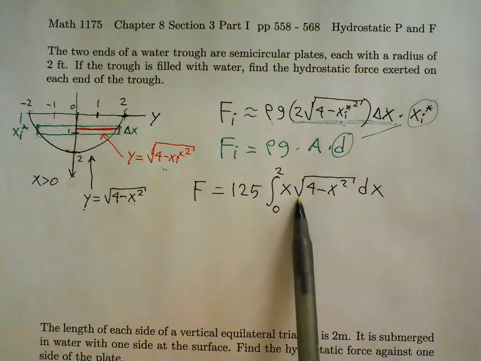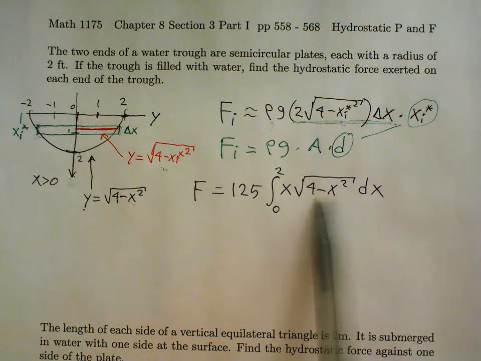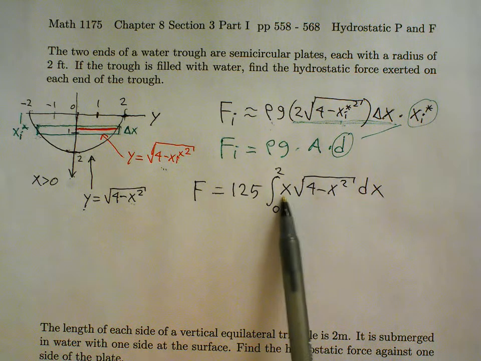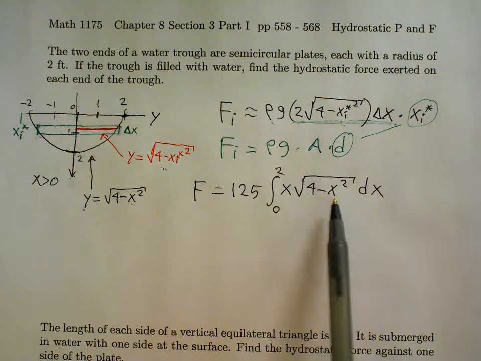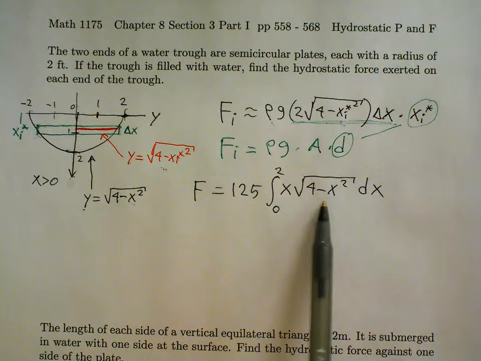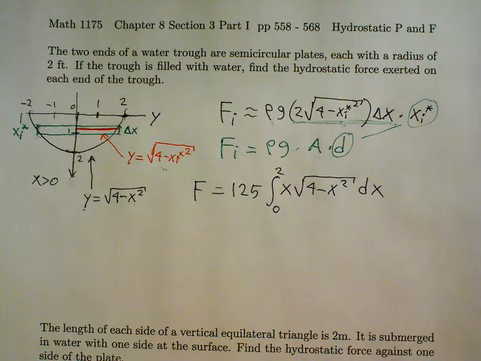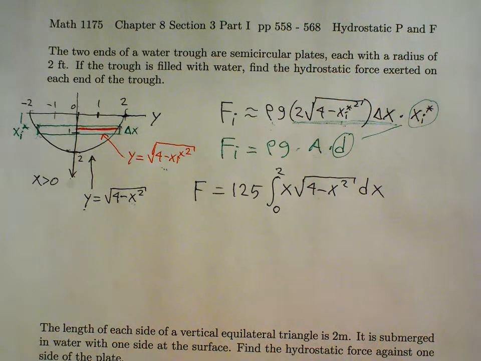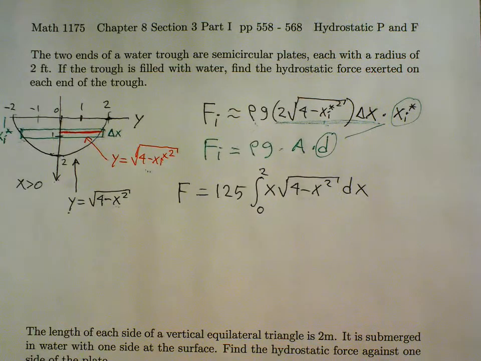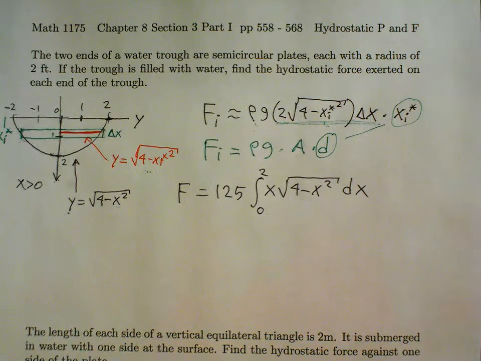Notice we have the square root of 4 minus x squared, and we also have a factor of x on the outside. So if we use the substitution rule, I got a reply. U substitution.